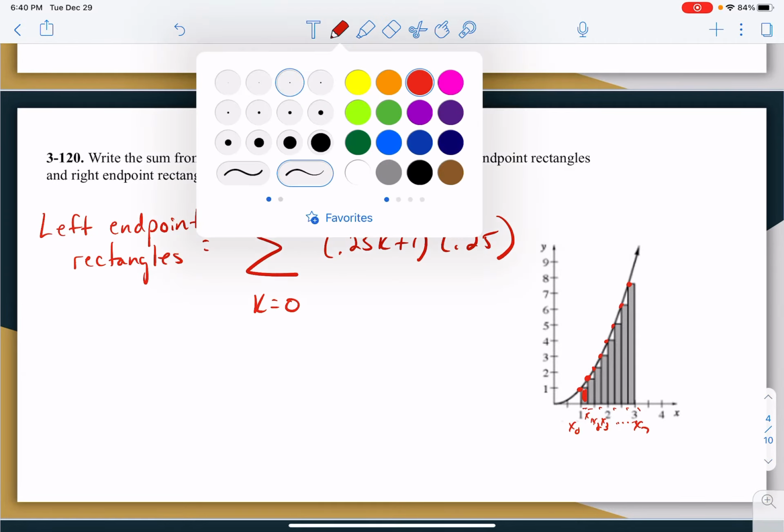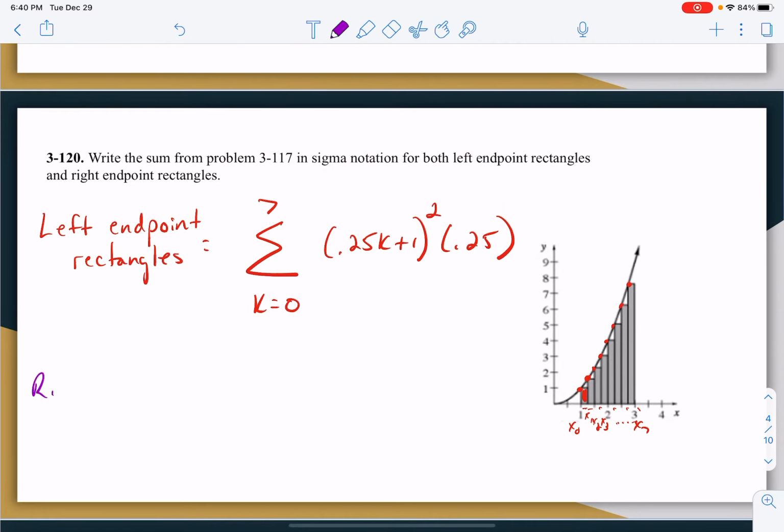For right endpoint rectangles, I would be shifting these over a bit.